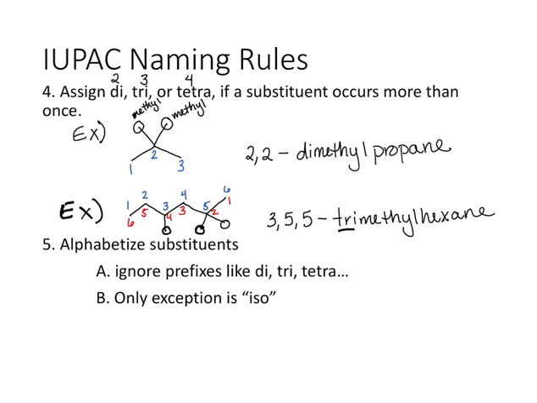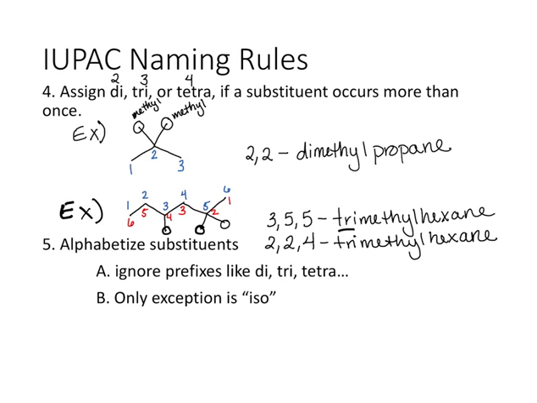There would be 2 methyl groups on carbon 2, so that would be 2, 2, and 1 methyl group on carbon 4, so that would be 4 dash trimethylhexane. Okay, but remember in a previous rule we said that we want the smallest numbering for the substituents.